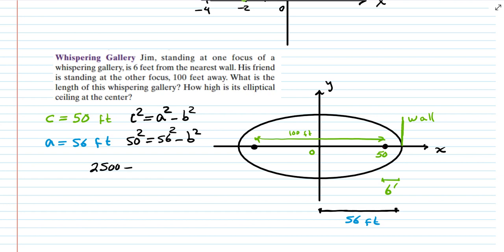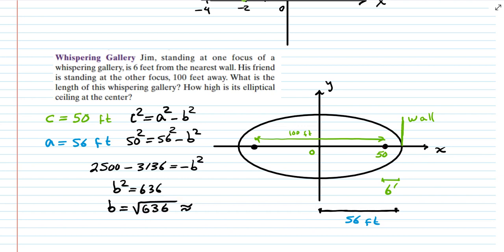Subtract 56 squared, which is 3136, and that's equal to negative B squared. So B squared is going to be 636 positive, therefore B is the square root of that, right?